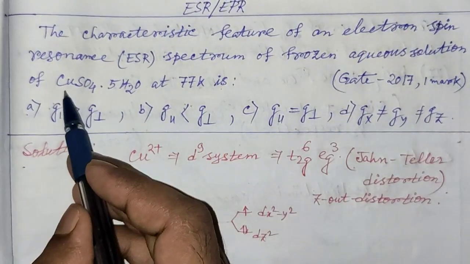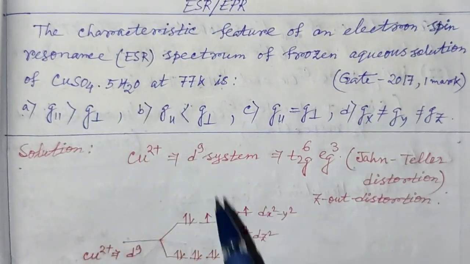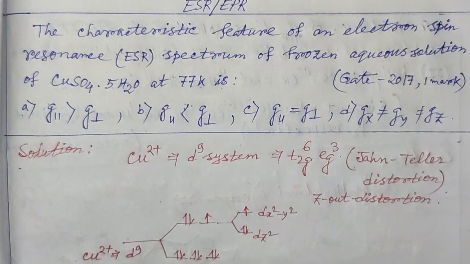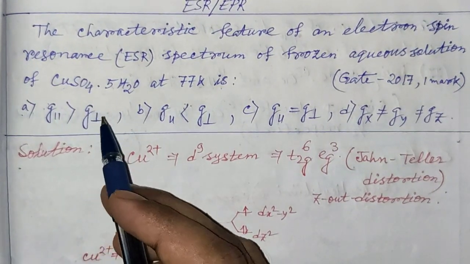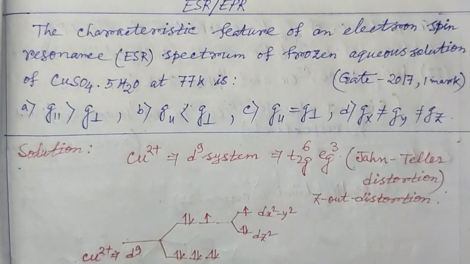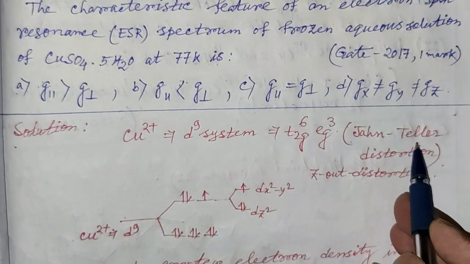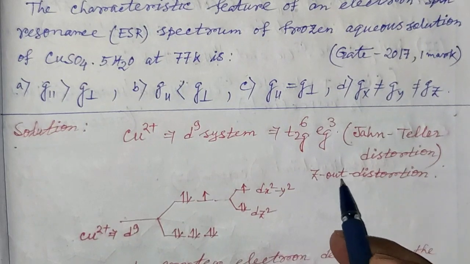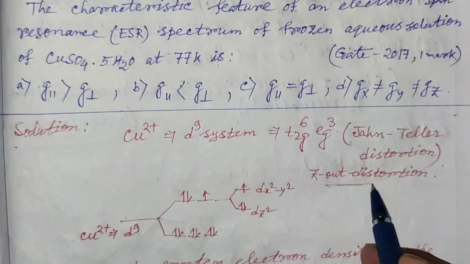Now this complex, copper sulfate pentahydrate, is a well-known compound, and this copper 2 complex will show z-out distortion. That is, since it is a d9 system, it will be Jahn-Teller active, and this complex shows z-out distortion.